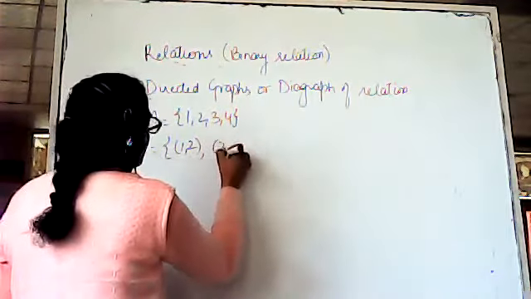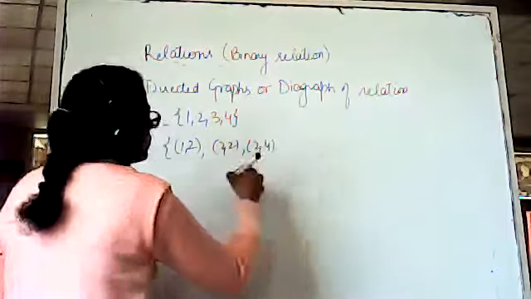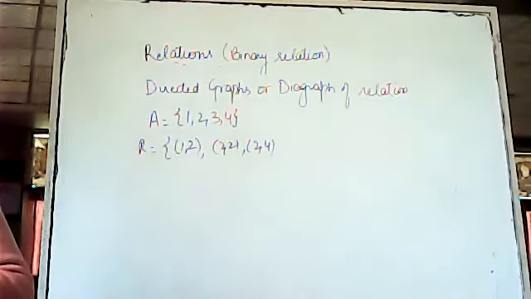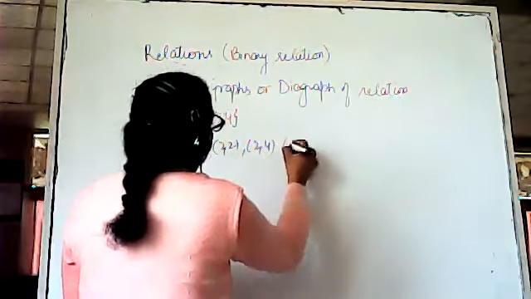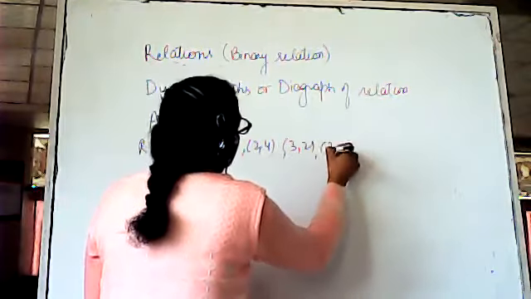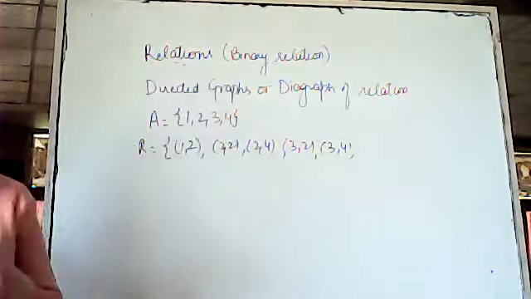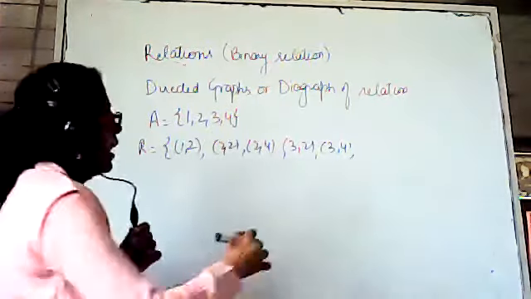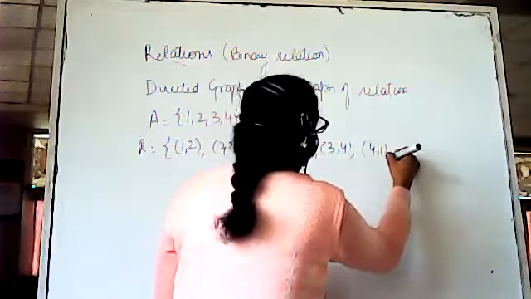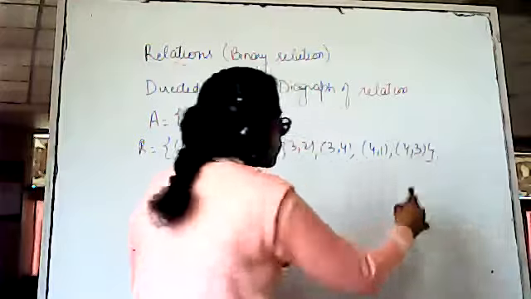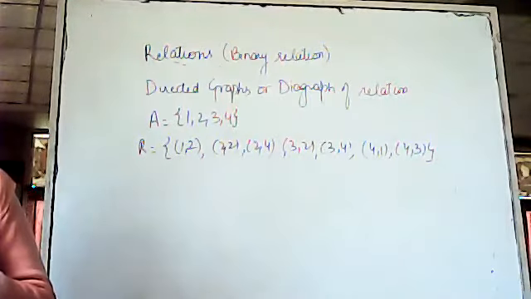R equals (1,2), (2,2), (2,4), (3,2), (3,4), (4,1) and (4,3).